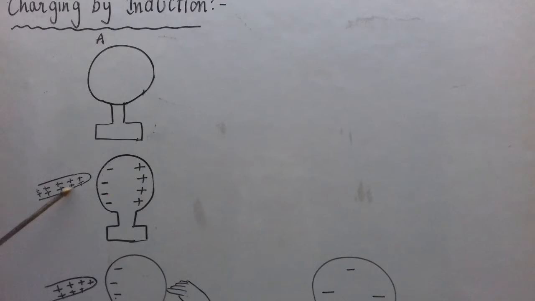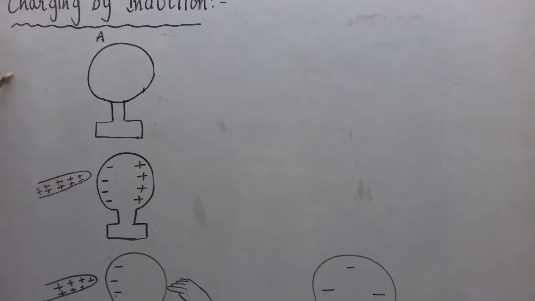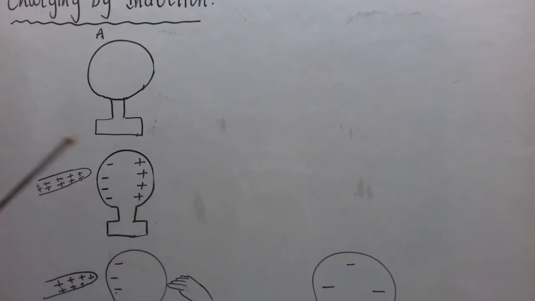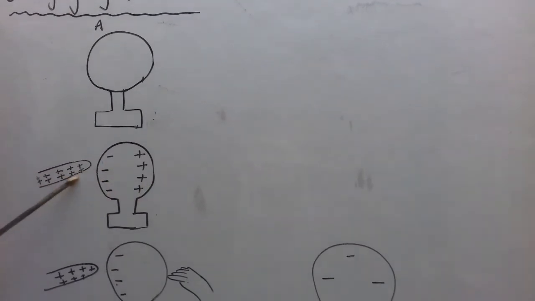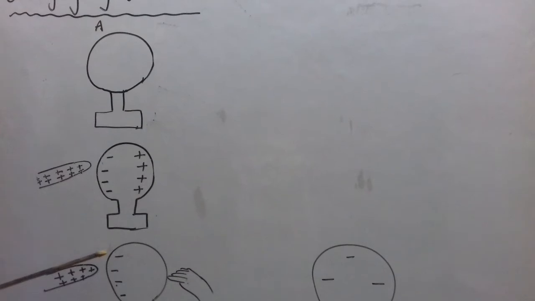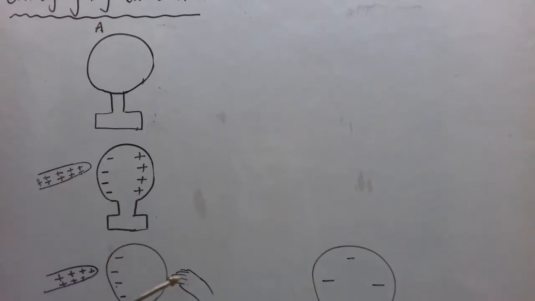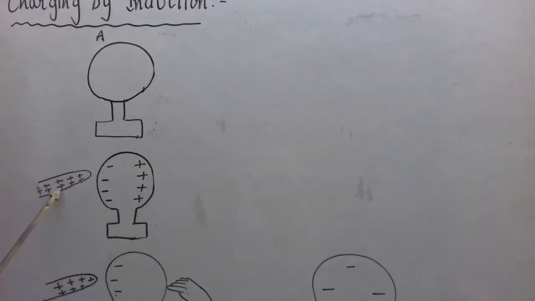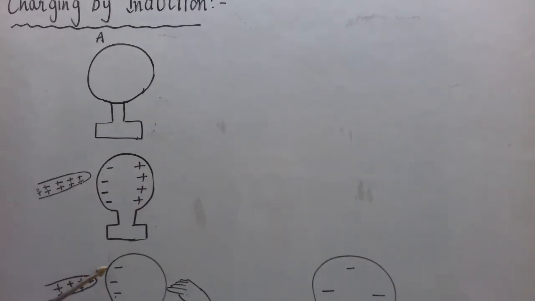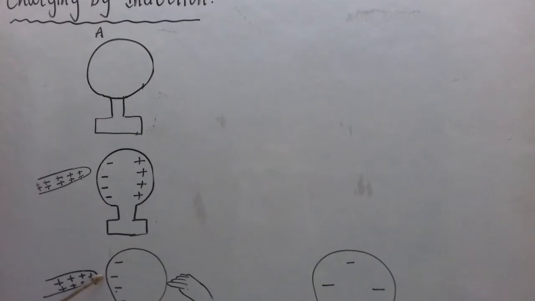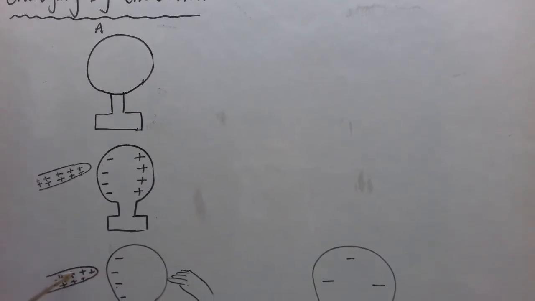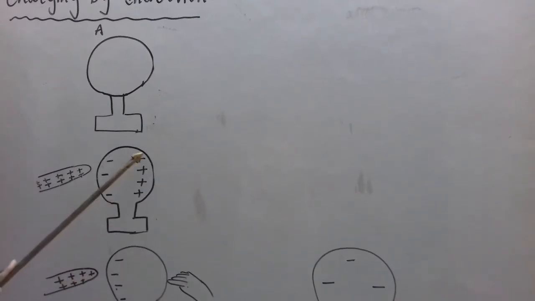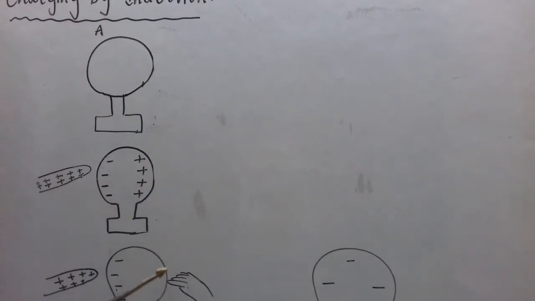Now if I remove the glass rod from here, what will happen? Again it will become neutral. But if I want to charge it, what will I do? I'll keep the glass rod close to it only and touch with a finger on this side, then what will happen? If the glass rod is placed close to it, then this negative charge will stay here because of attraction of the positive charge on the glass rod, and this positive charge will flow through our hand to the earth.